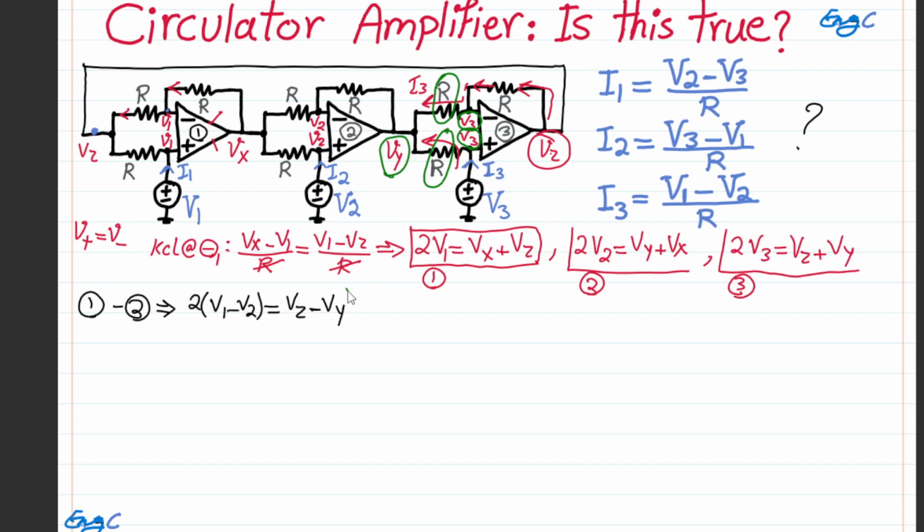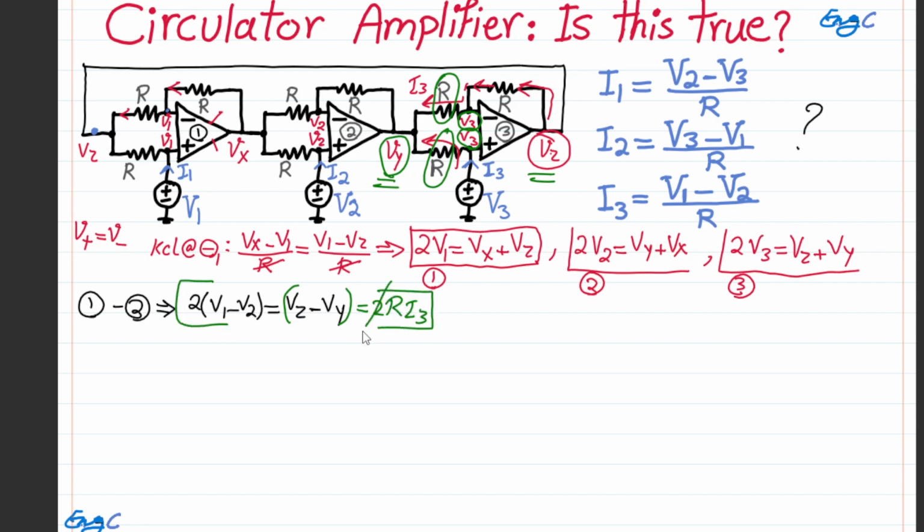So in summary, I can say Vz minus Vy is 2R times I3. Okay, very interesting. So I got 2 times V1 minus V2 is 2R times I3.